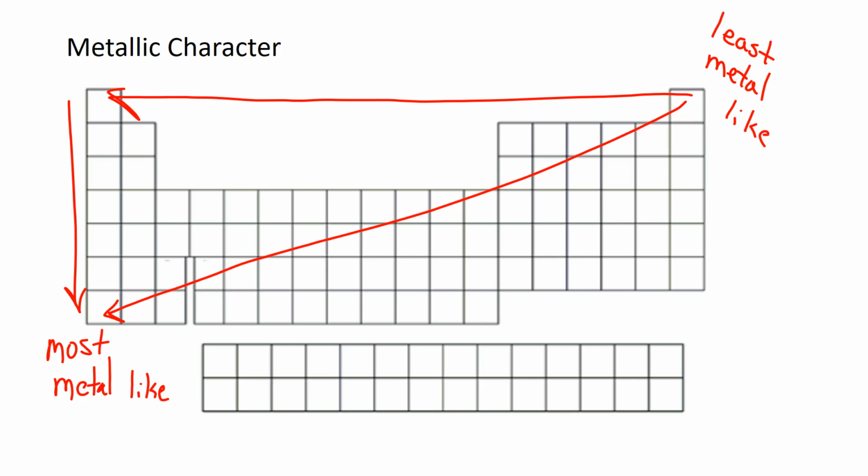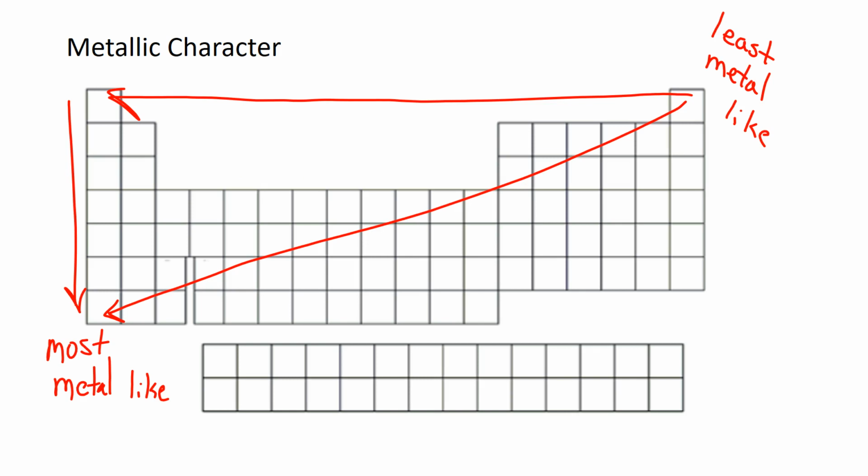So to some degree, the character of being like a metal is going to have to do with also how large and how much attraction there is between the electrons and the nucleus, the electrons and the protons. So you become more like a metal if there's less attraction between the protons and electrons, which helps aid in that ability of being conductive, that the electrons can move, carry a charge.